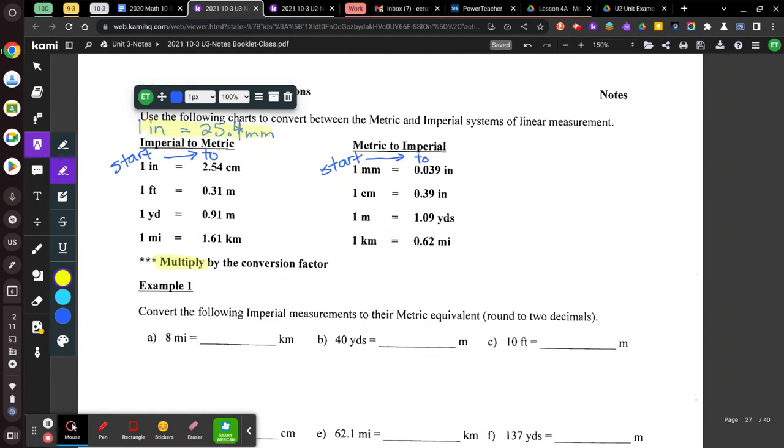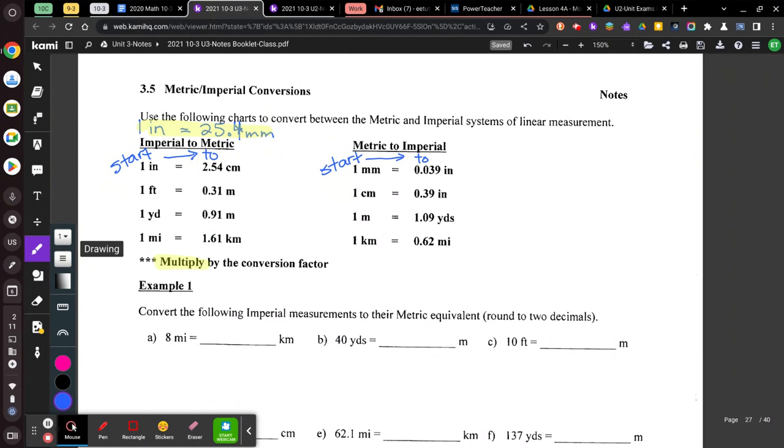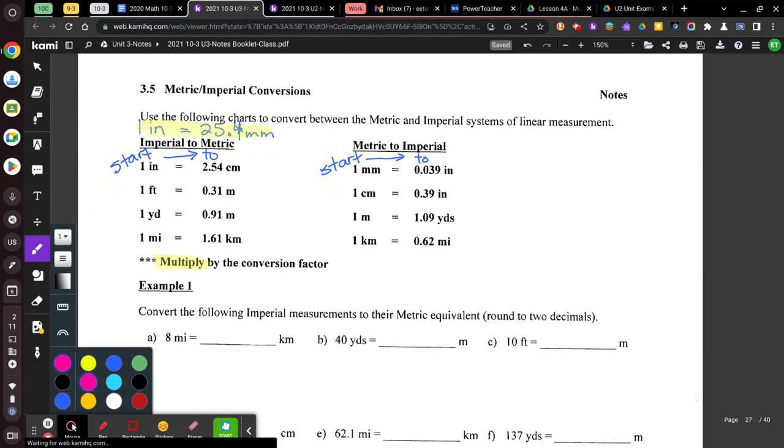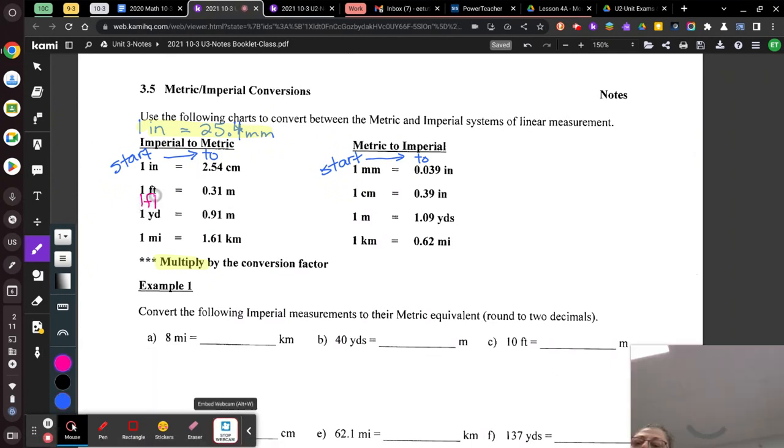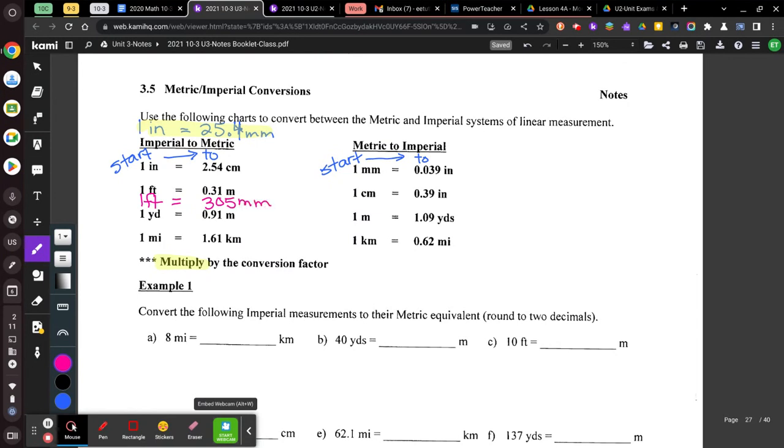You need to add that. And there's 2 more. So under the feet, we're going to write 1 foot is equal to 305 millimeters. Okay, so 1 foot is equal to 305 millimeters.